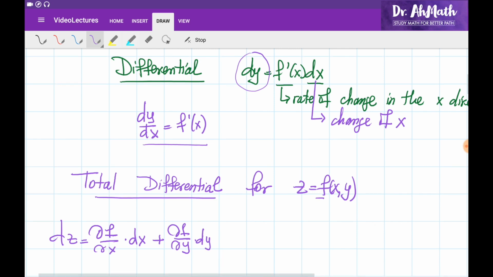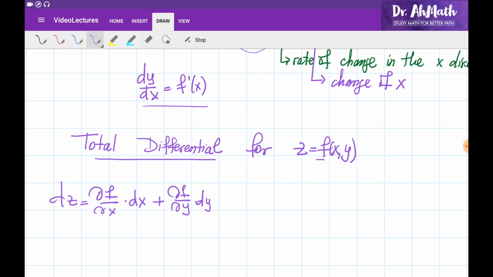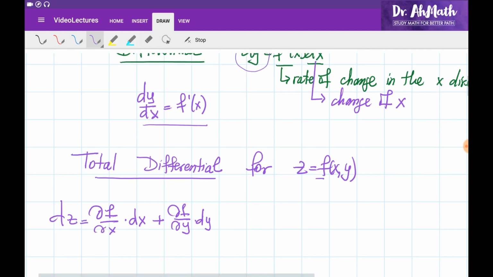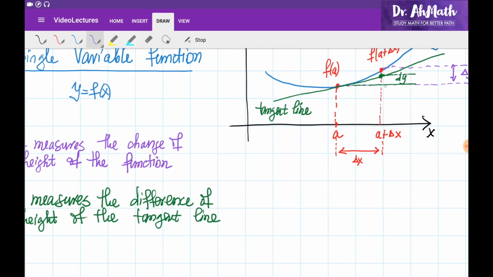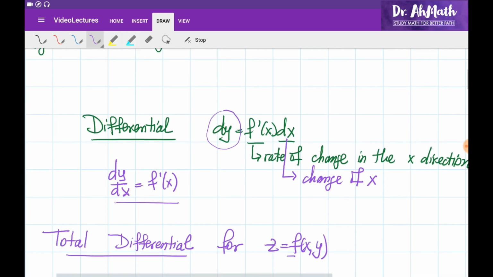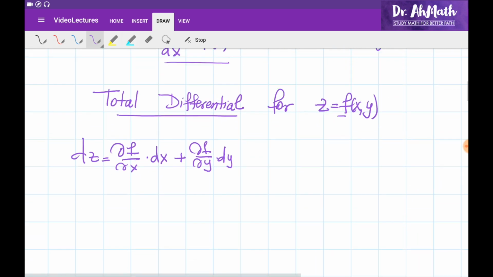So this is called the total differential, and its actual meaning is the change of the height of the tangent plane, right? Previously dy measured the difference of the height of the tangent line, and we can see this from this figure. So dy is the difference of the height between this point and this point. Now dz is going to measure the difference of the height of the tangent plane, right?